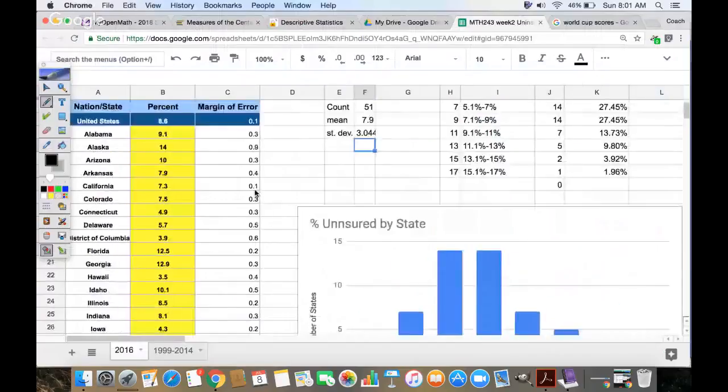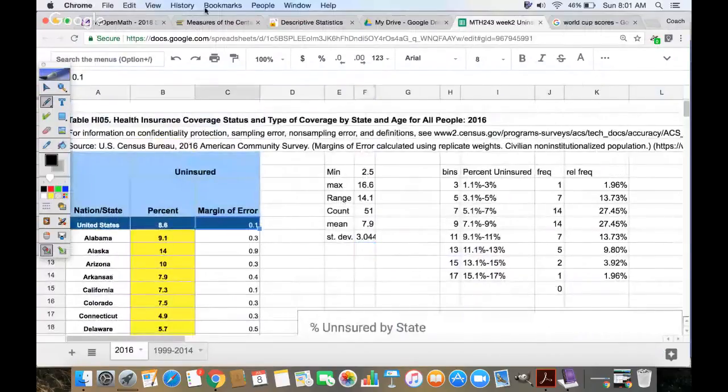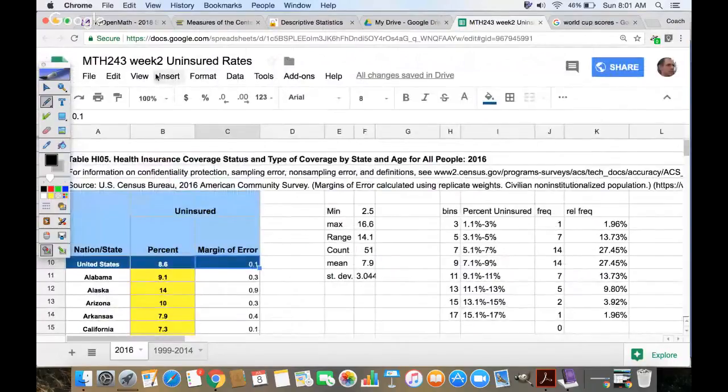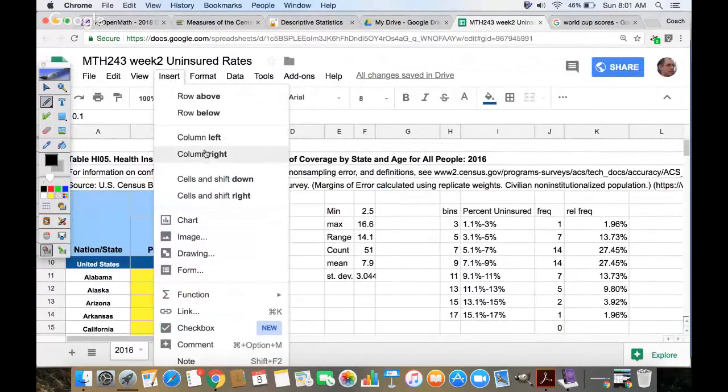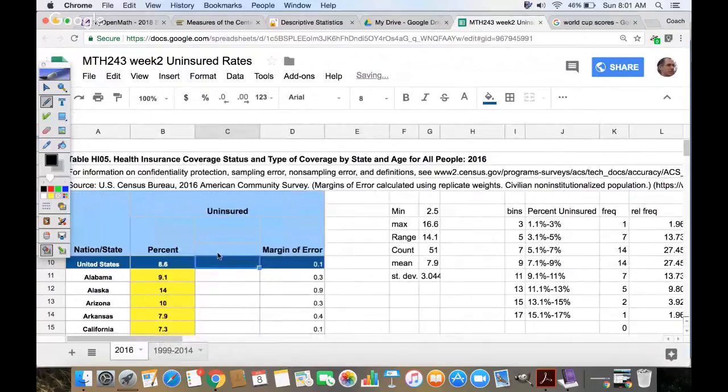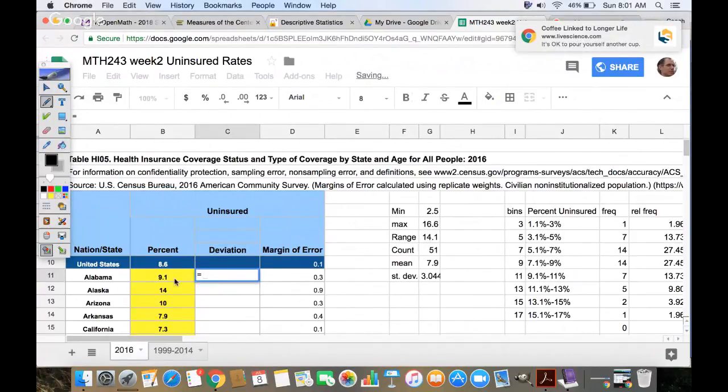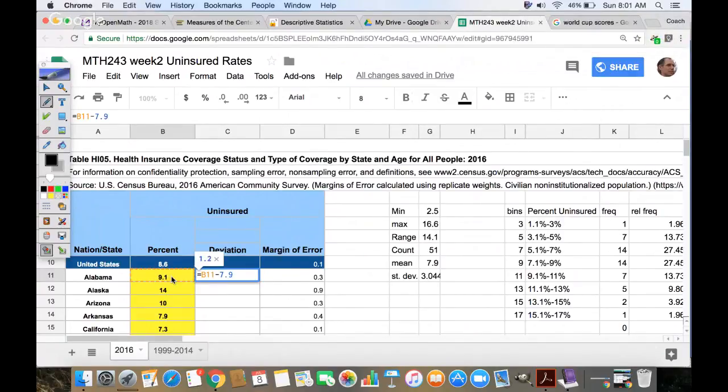So I'm going to add an extra column. Let's see, I need my column left. There we go. So I'm just going to calculate deviation. Deviation is simply whatever the data value is minus the mean, which is 7.9. And then I can just fill that down.